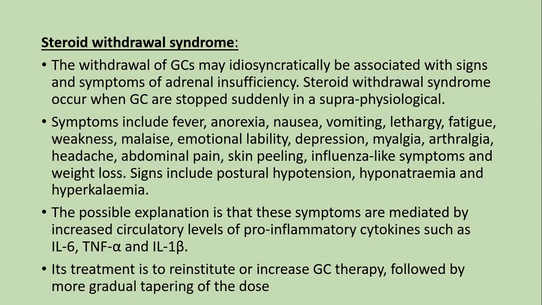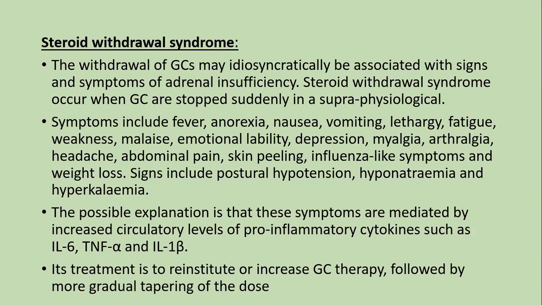So we have GI symptoms like nausea and vomiting. Then we have anorexia. We have symptoms of weakness like lethargy, fatigue, malaise. Then we have psychological symptoms like emotional lability, depression, and skin symptoms like peeling, and headaches and weight loss. In addition, there is postural hypotension, hyponatremia, and hyperkalemia.